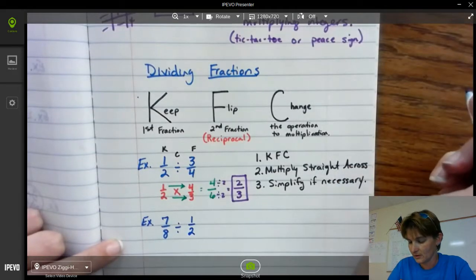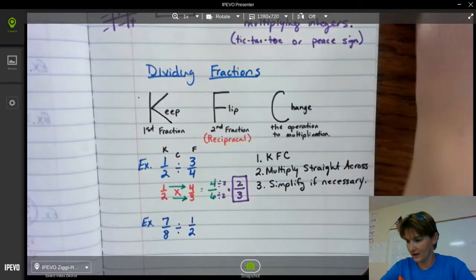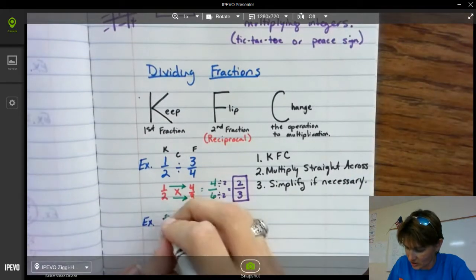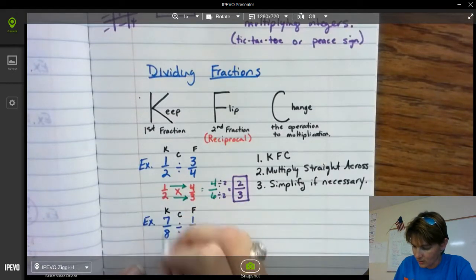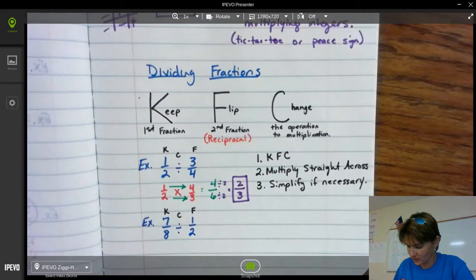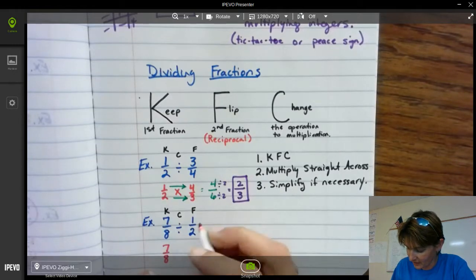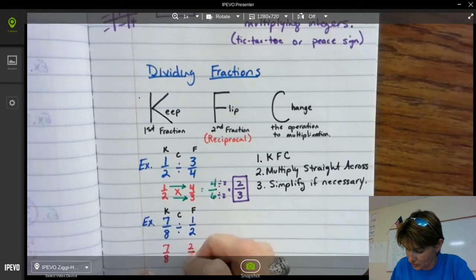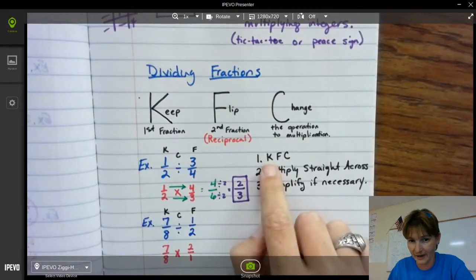Okay. The first rule is doing KFC because we have a division. KFC. We keep the first fraction, 7/8. We flip the second fraction or take the reciprocal, which is 2/1, and change the division to a multiplication. That's doing the KFC.